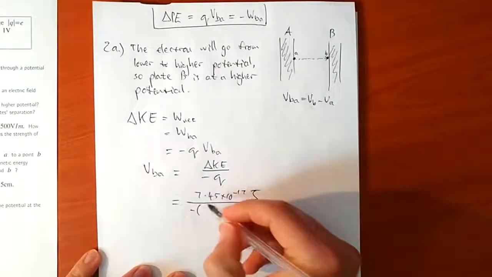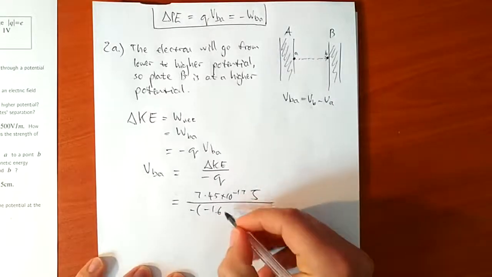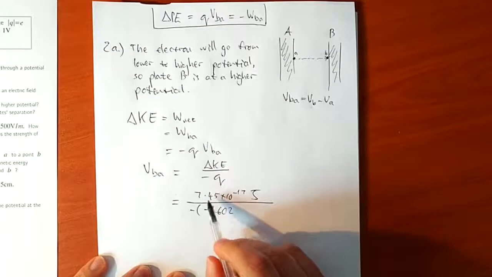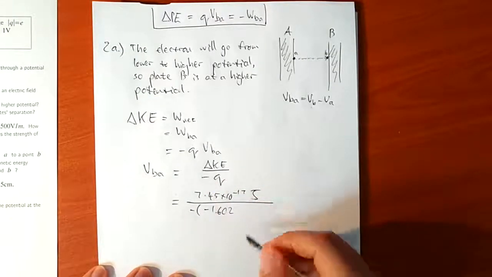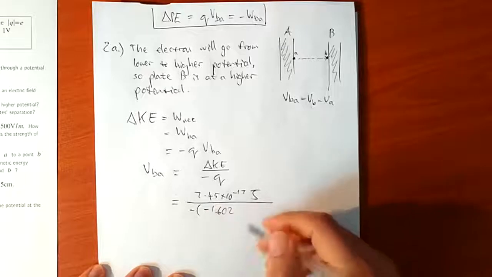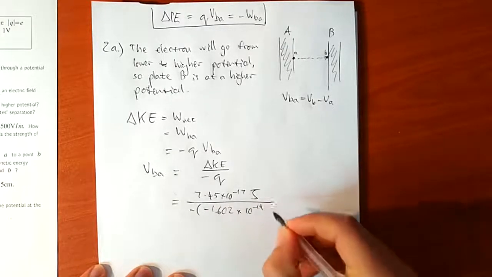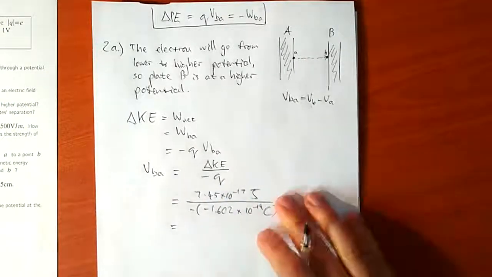It's an electron, so it is minus 1.602 times 10 to the minus 19 coulombs. I'd rather use 4 significant figures than just 3 or 2, because the value given in the problem has more than 2 significant figures, so it's better to use 4 rather than 2.